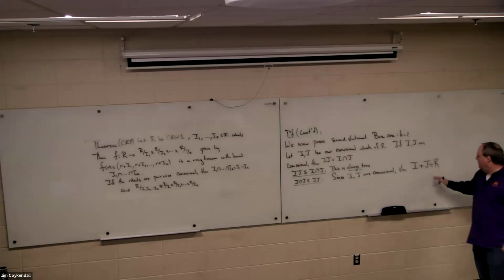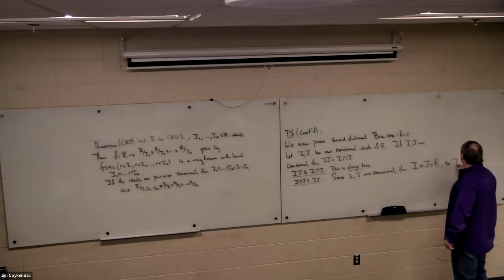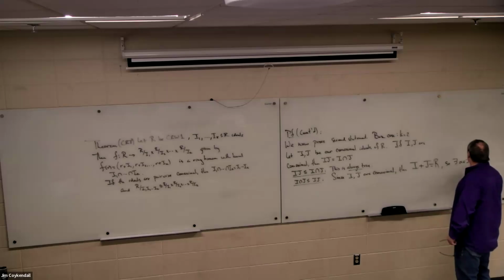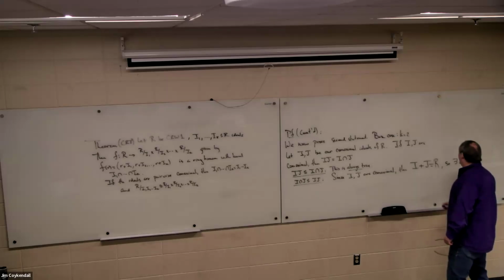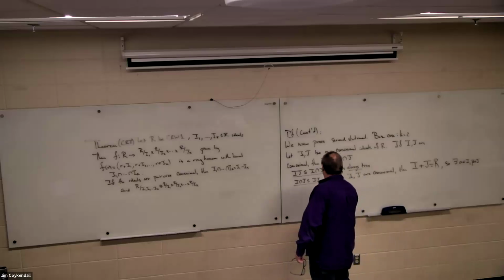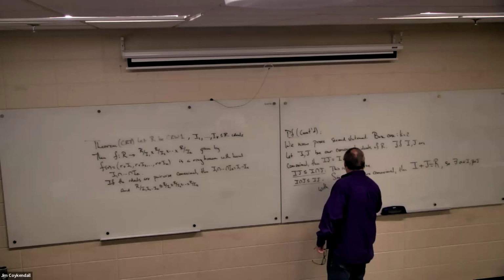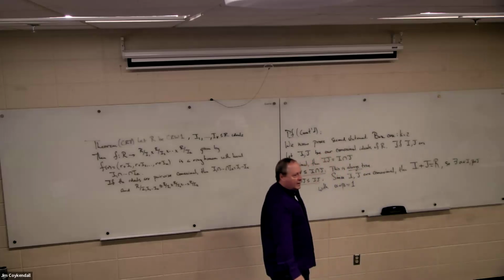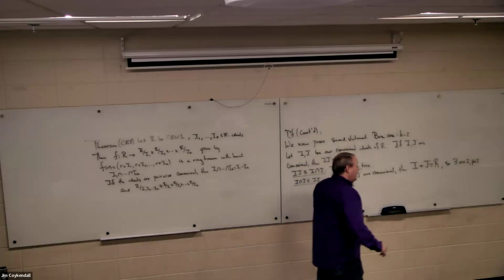My ring contains an identity. So there exist alpha in I, beta in J, with alpha plus beta equals 1. Everybody cool with that? And now I'm in good shape.